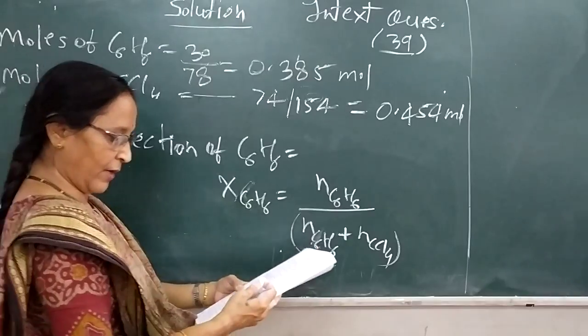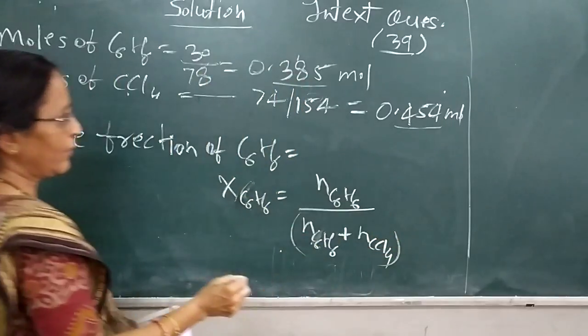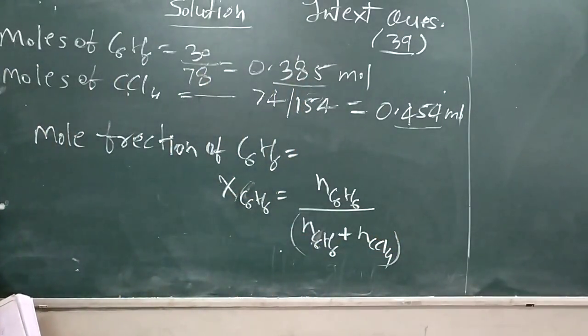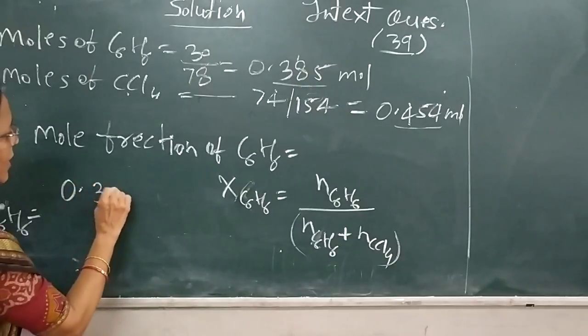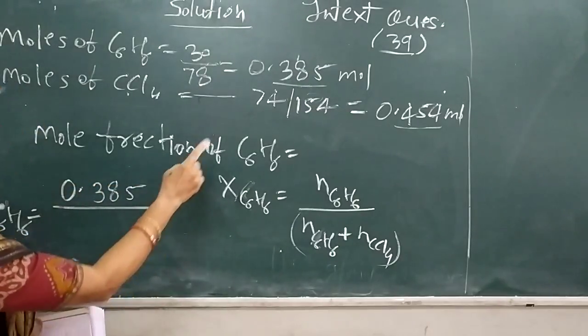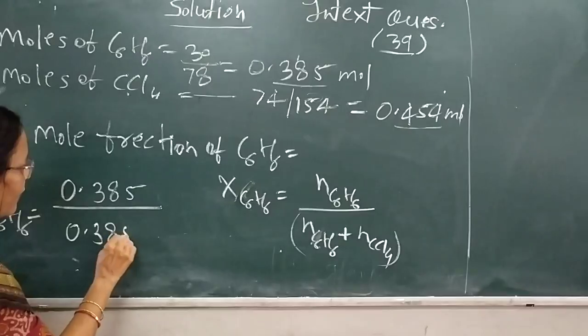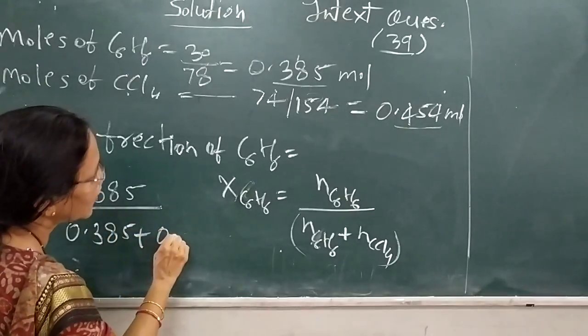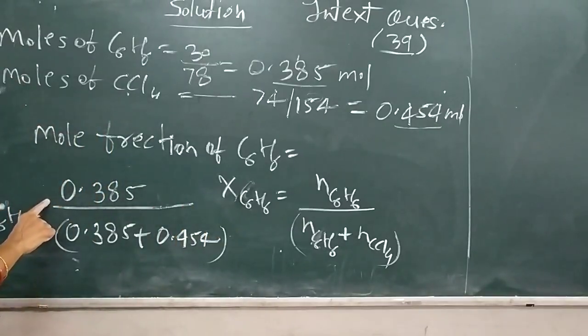After putting in the values, x of C6H6 is equal to 0.385 upon 0.385 plus 0.454.